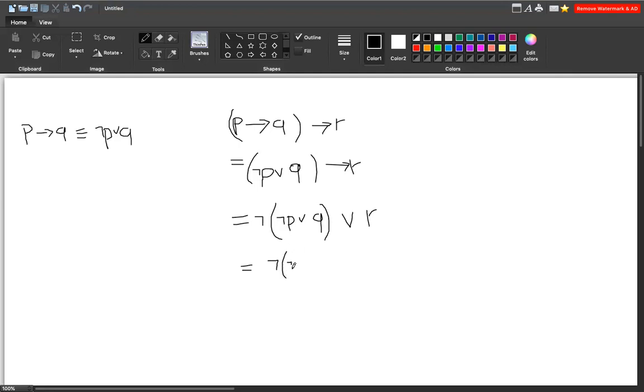Let's apply De Morgan's law: negation of P, and then the or becomes and, and this becomes negation of Q. Then we have or R here.